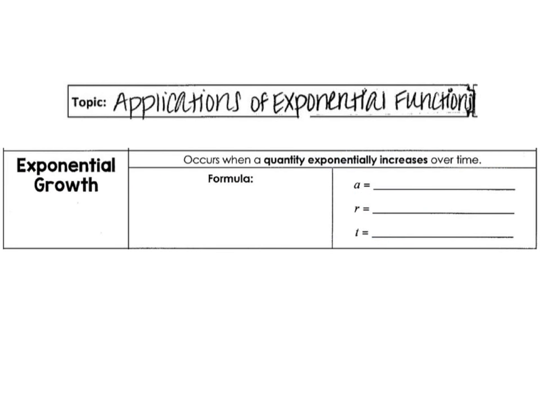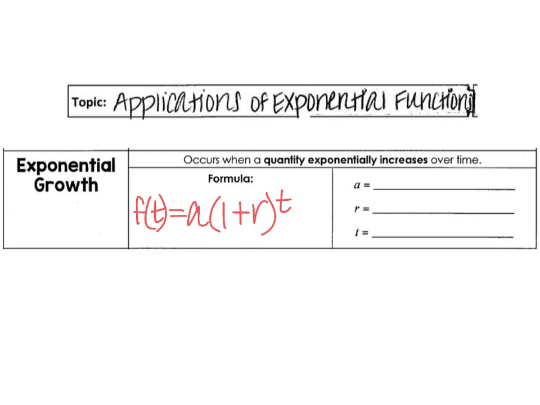All right, the first application that we're going to talk about is exponential growth, and this occurs when a quantity exponentially increases over time. We have a formula to represent exponential growth, and that formula is the function of t, so f of t equals a times 1 plus r to the t power.